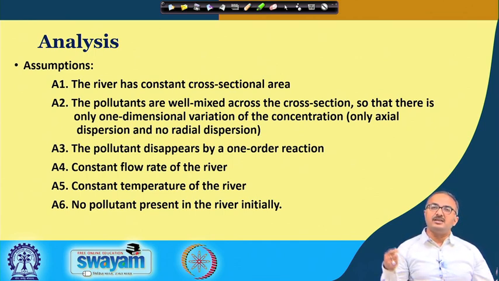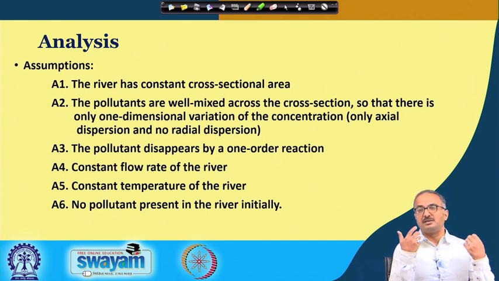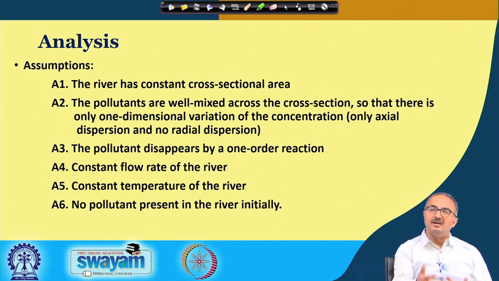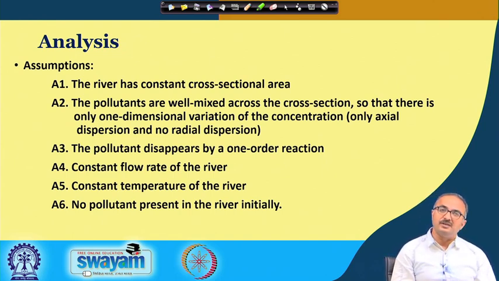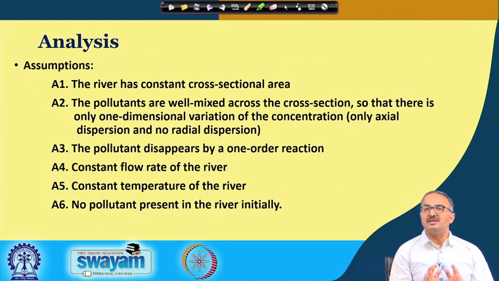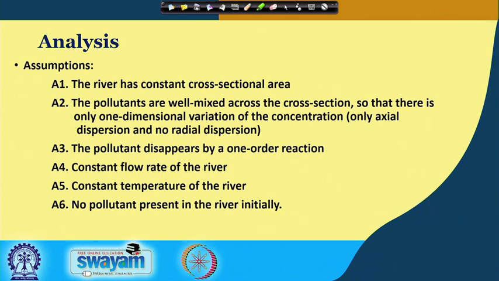So even though we might be adding some hot streams into the river, or some cold stream to the river, because of the high thermal capacity of the river, we say that it is acting as a sink, and an ideal sink is one which does not change its temperature. From that point of view, we assume that the river is at a constant temperature, so that for the given period of time there is no change in the temperature, and we need not consider the energy balance.